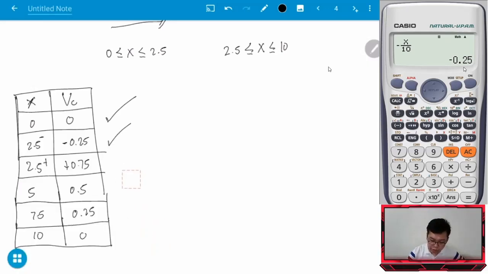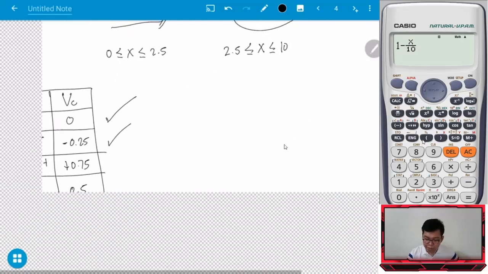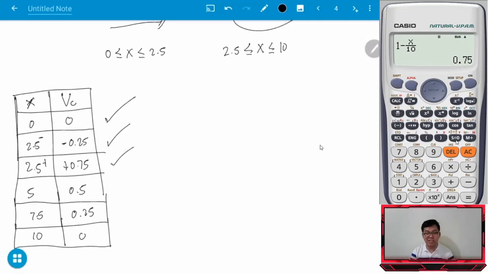So, ang gagamitin mong equation, guys, is ito na. Check down natin. So, pray natin na tama yung sagot ko. 1 minus x over 10. Okay? So, pag ang x naman is 2.5, positive 0.75. And then, pag 5, 0.5.